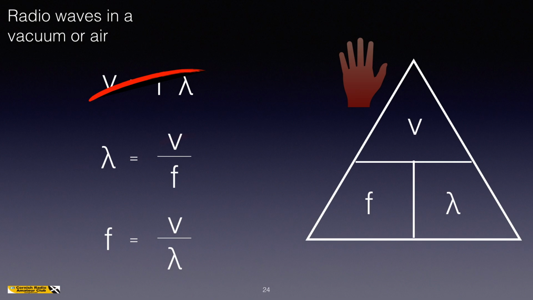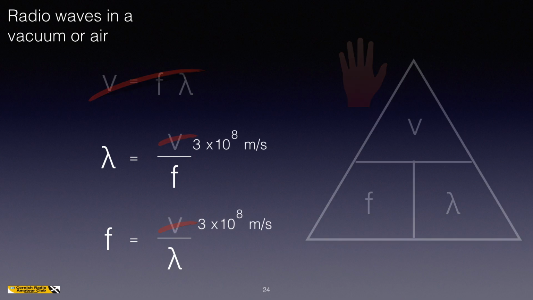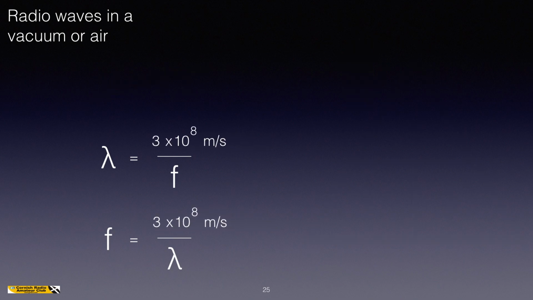Looking at the equation below, we can substitute V, we can put in 3 times 10 to the 8th meters per second. And the same for the one F equals V over lambda. We can just say F equals 3 times 10 to the 8th meters per second over lambda. So really, we've only got 2 equations, and those are the 2 shown there.